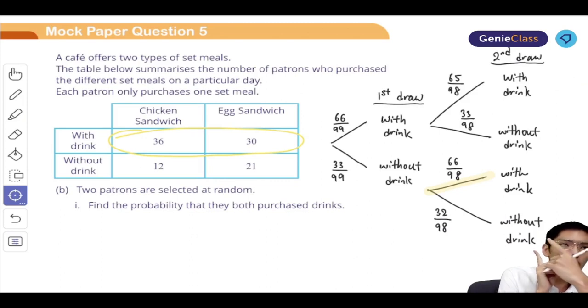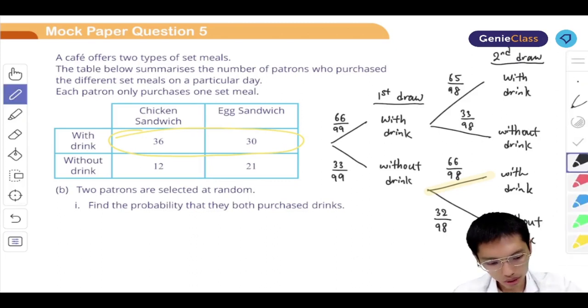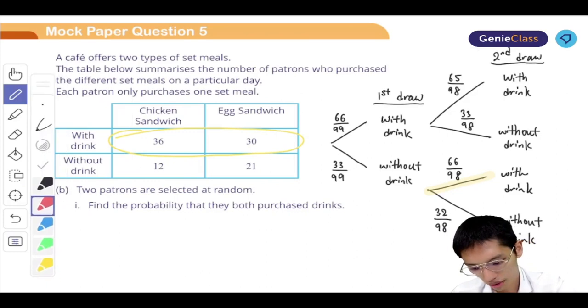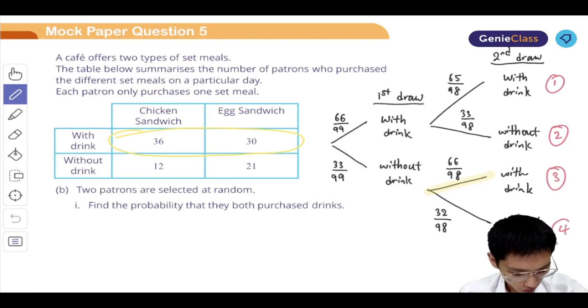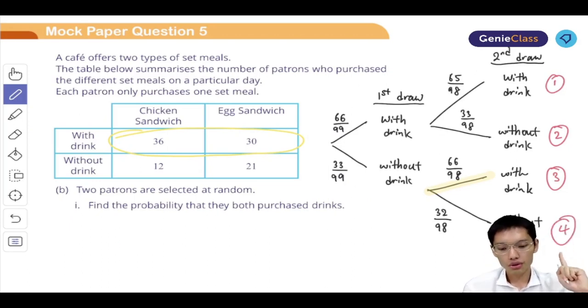Right now, back to over here, it will not really affect as such. Let me just shift it out here. With drink, this is 1, this is 2, this is 3, this is 4. Which branch will fulfill this particular question? Let me hide myself first.